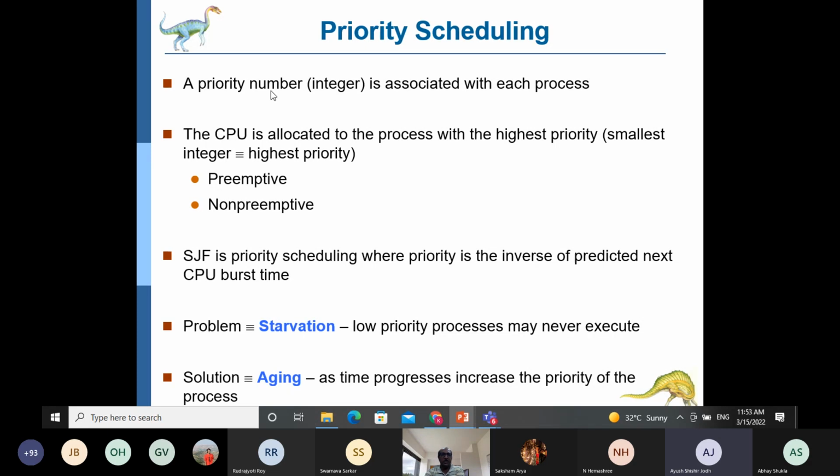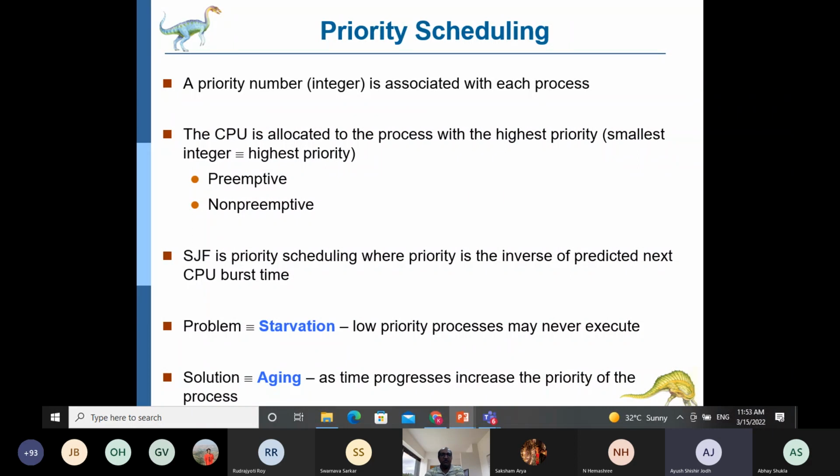And again, this priority scheduling is also either preemptive or non-preemptive, depending upon the way you implement it. Preemptive means whenever a new job arrives, the scheduler will check whether the current process is to be preempted or not.